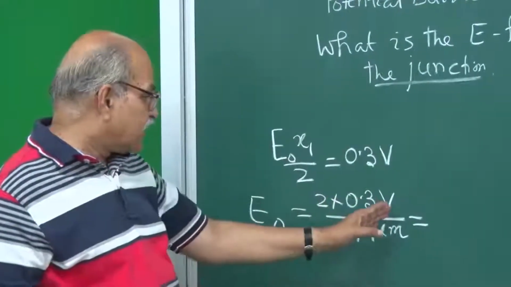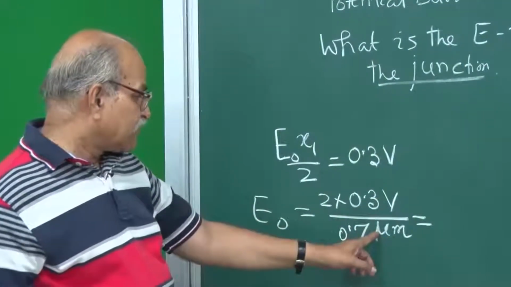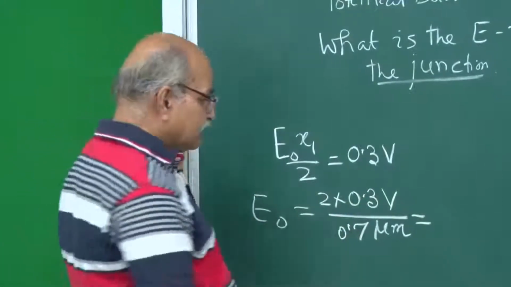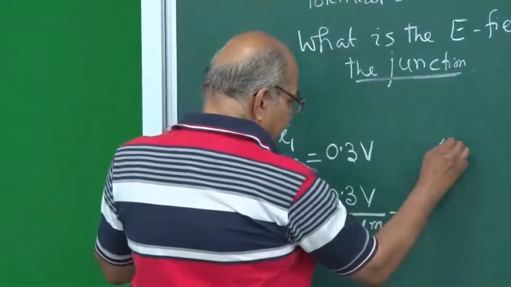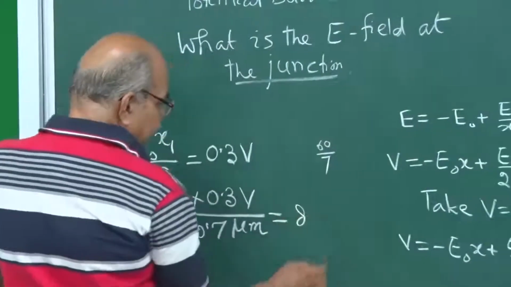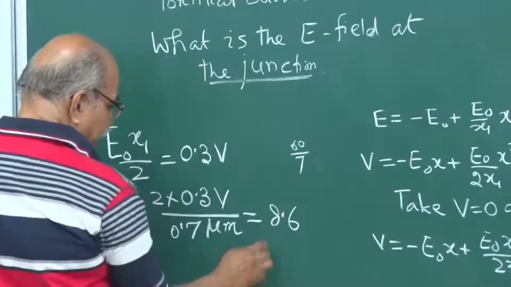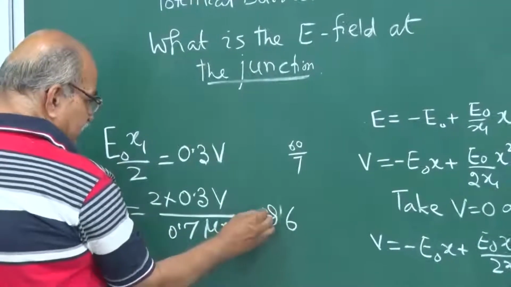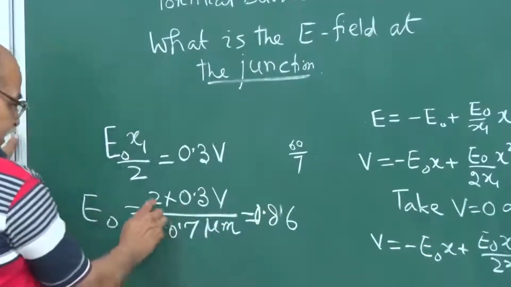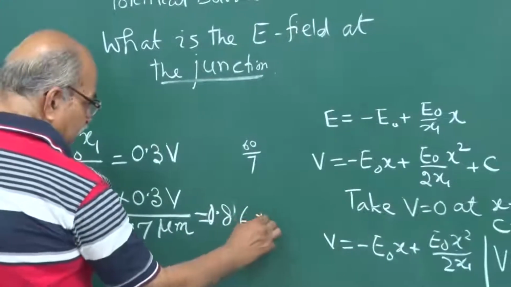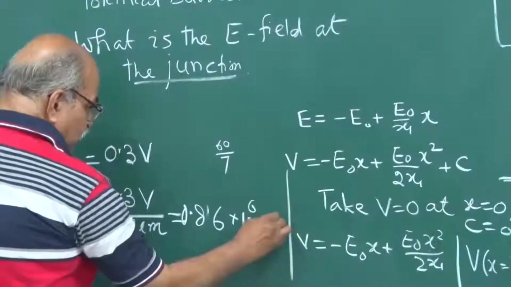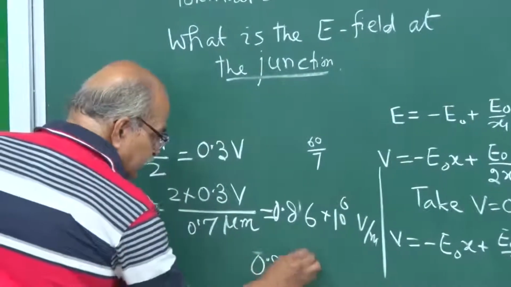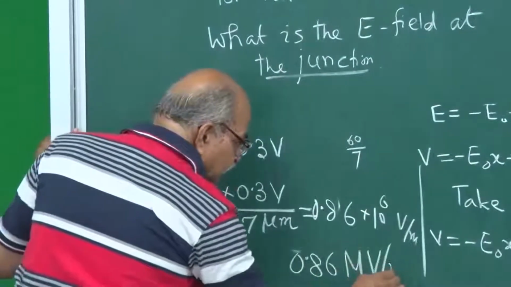So that is the electric field. You can write it in terms of volt per meter. This is 10 power 6 here, 0.6 over 0.7, that will be 60 by 7, that is 8.6, or 0.86 in fact, times 10 to the power 6 volts per meter, or 0.86 megavolts per meter.